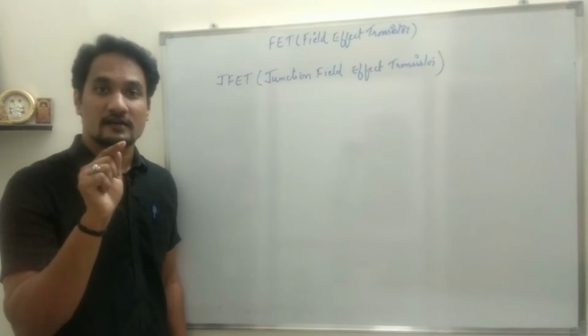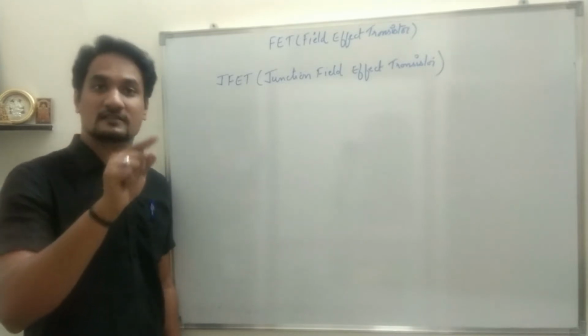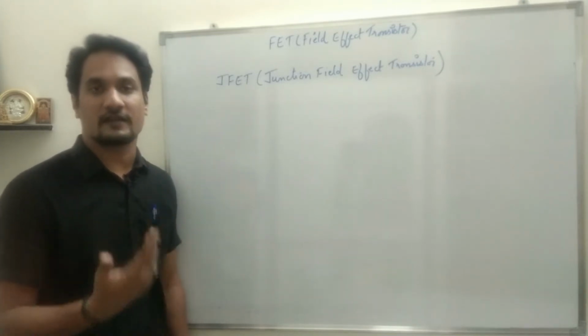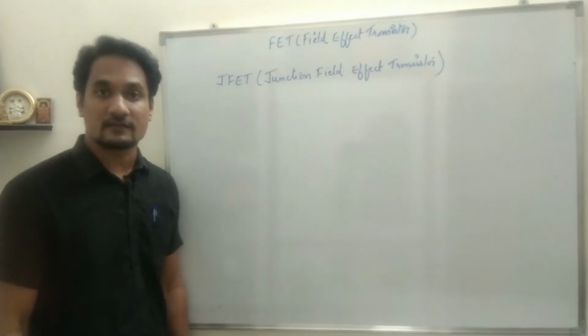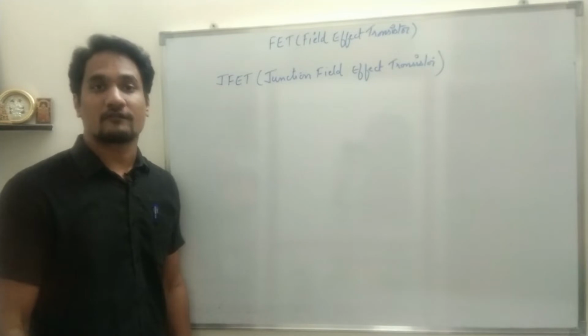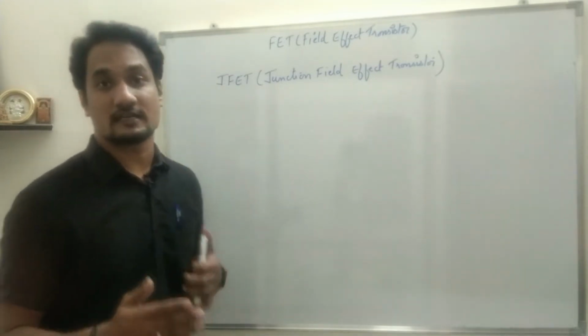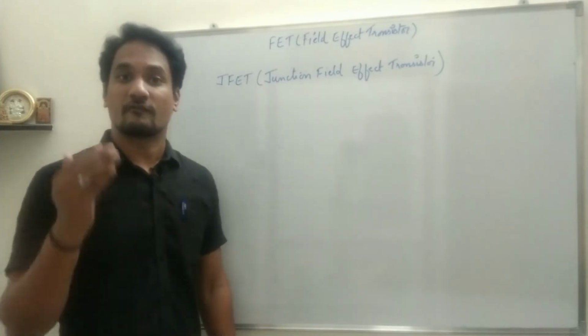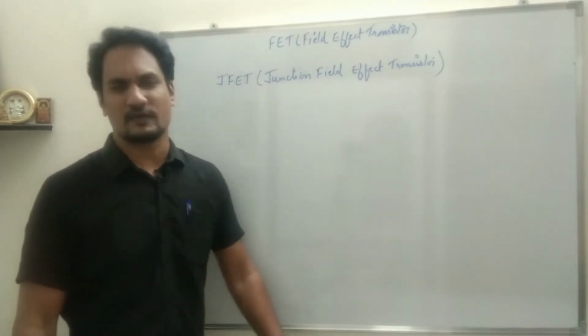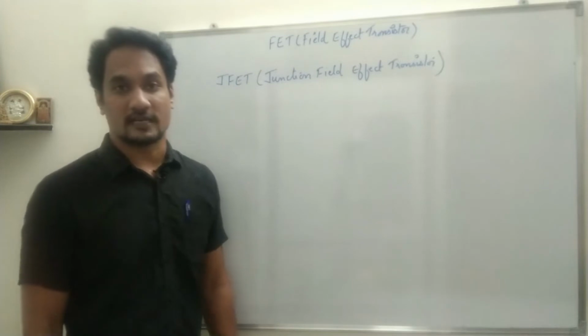If the current conduction is because of electrons, the type of JFET will be called N channel JFET, and if it is because of holes, it will be called P channel JFET. We will understand construction and working of both N channel and P channel. It's very easy for you to understand.